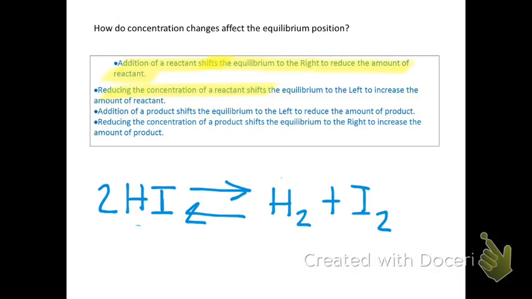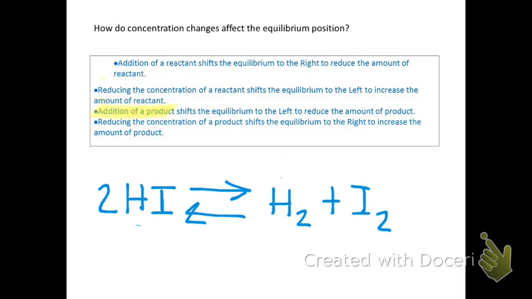Alright, well, let's look at it in terms of product now. Alright, same kind of situation. If I add more product, then the equilibrium is always going to shift in the direction to reduce the product. Well, the only way to do that is to shift it in the reverse direction.